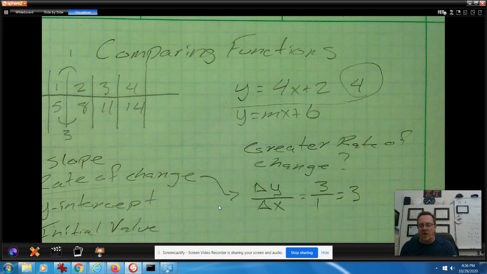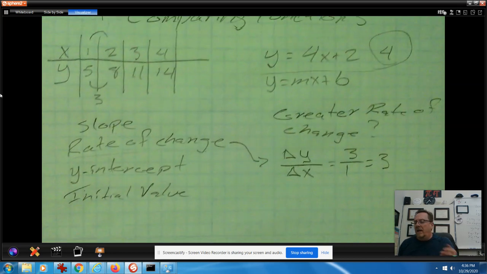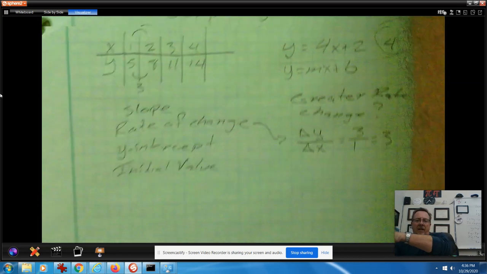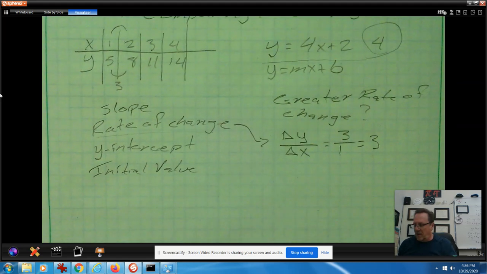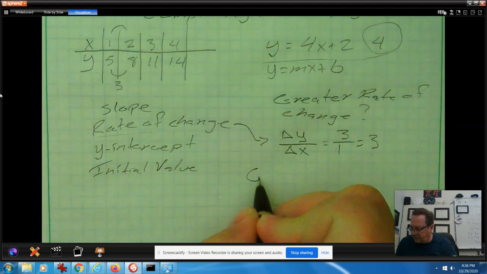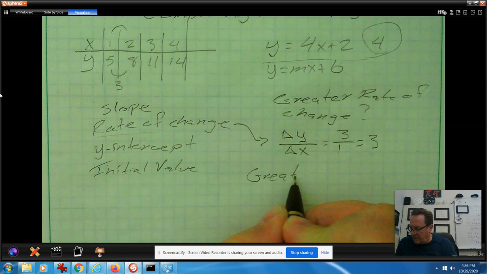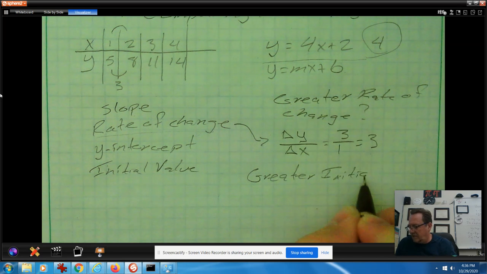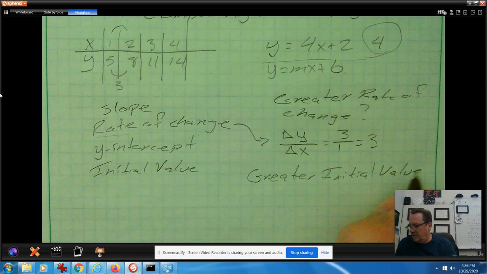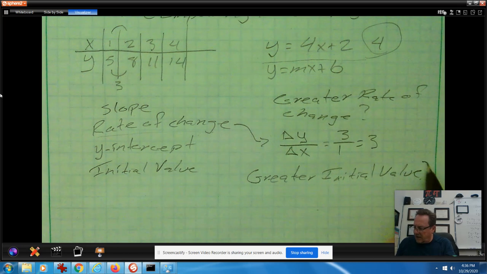Now, we might be asked, instead of looking at slope, perhaps in the same situation, I wonder which one has a greater initial value. Which one's got the greater initial value?